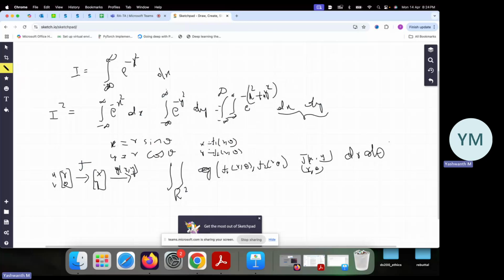So if we substitute x as r sine theta and y as r cos theta here, we get e power minus r squared, and the Jacobian: x with respect to r is sine theta, with respect to theta is r cos theta, y with respect to r is cos theta, with respect to theta is minus r sine theta.